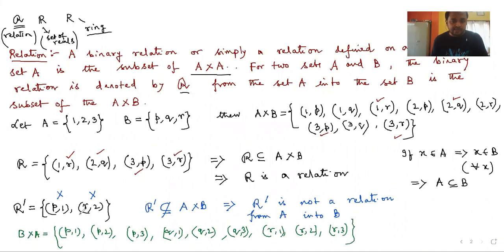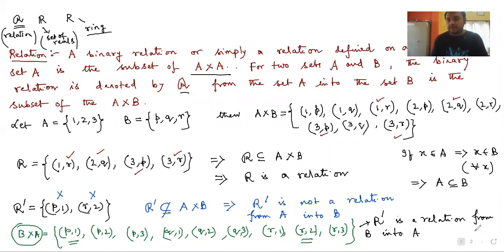In this case, you can see that if I consider B cross A, then P1 is contained in B cross A, R2 is contained in B cross A. And therefore, we can say that R prime is not a relation from A into B, but R prime is a relation from B into A. Okay, so probably you have understood what I mean to say over here.